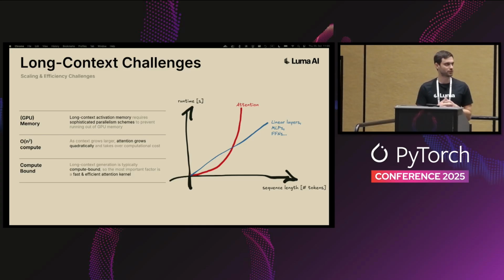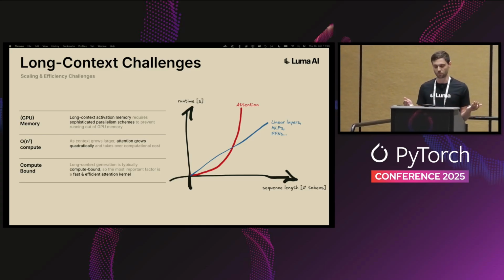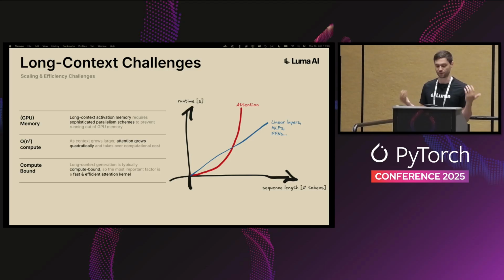I'm pretty sure most of you have seen a graph on the right here or something similar before, where at a certain point, attention just dominates everything in the compute if you're using full self-attention. So for these kinds of long context things, where we are trying to train and run inference on, for example, videos, one of the most important things is that we have an efficient attention kernel that deals with the fact that this is just a substantial amount of compute that we have to deal with.